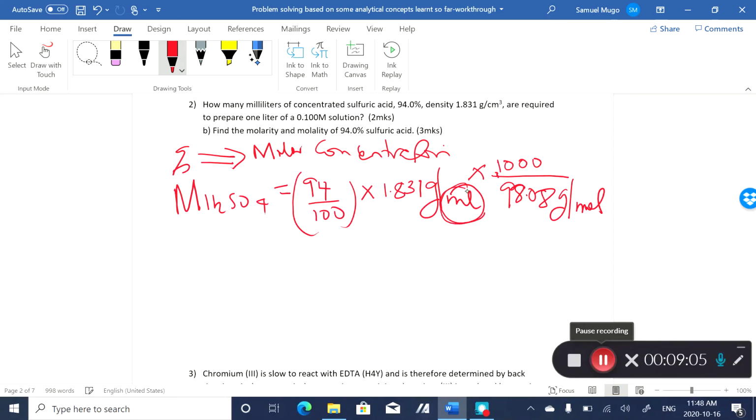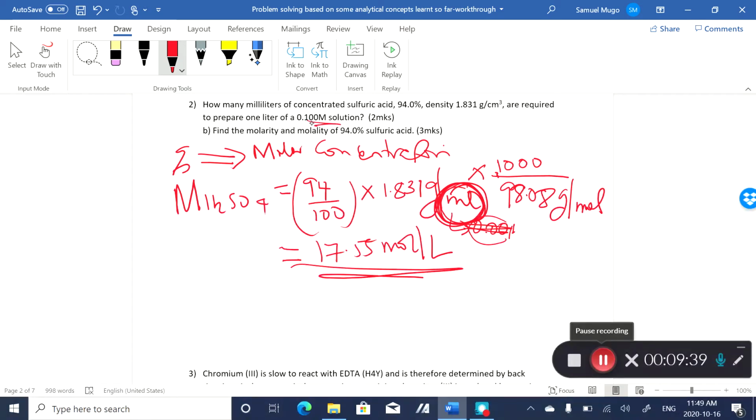And of course, remember, I'm converting this into liters, which would be like multiplying it with 0.001, and that's the same as multiplying this up there by 1,000. And so when you do that, you're going to see the molar concentration of the 94% sulfuric acid is 17.55 moles per liter.